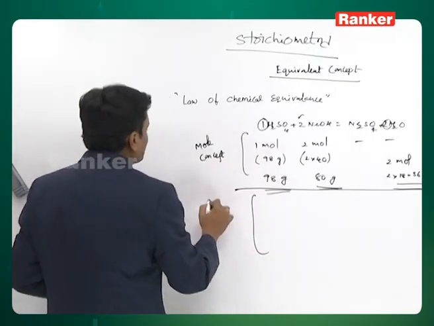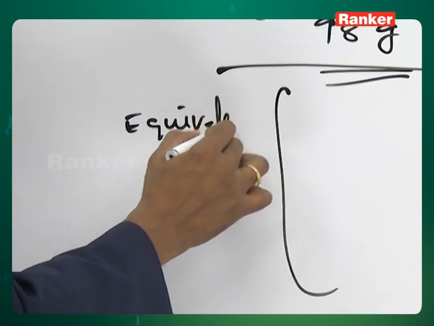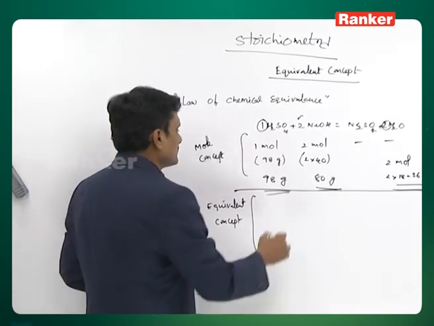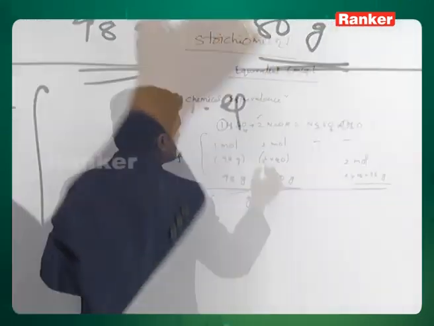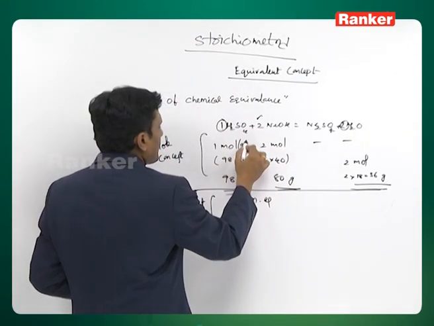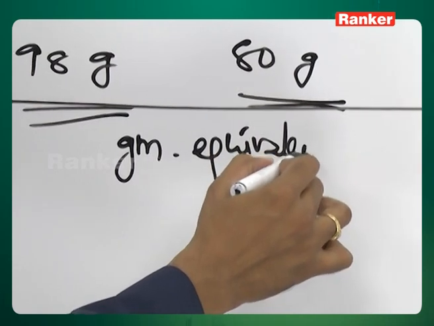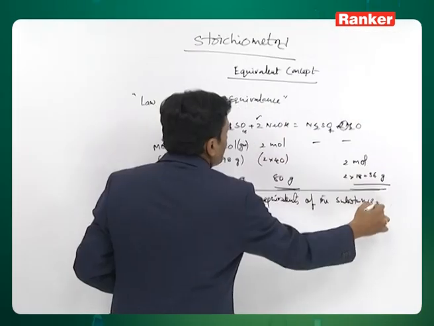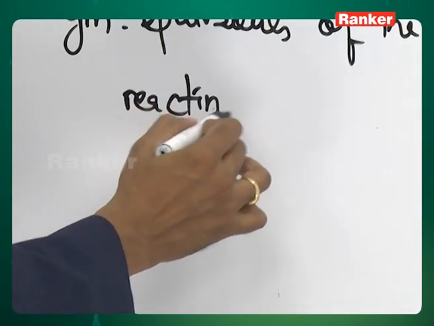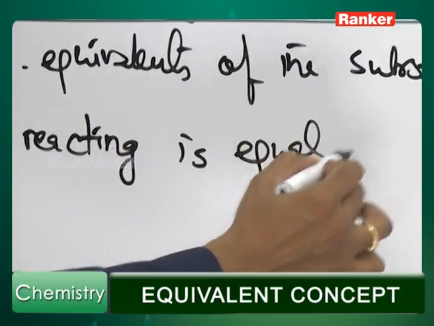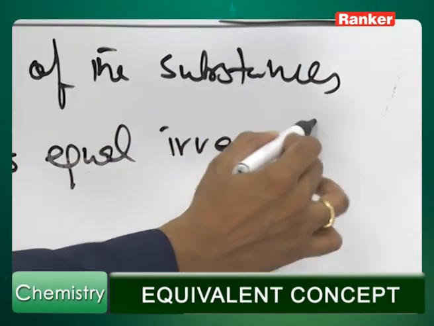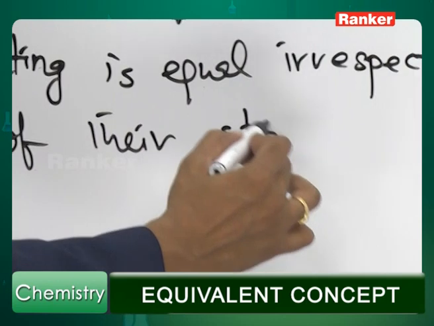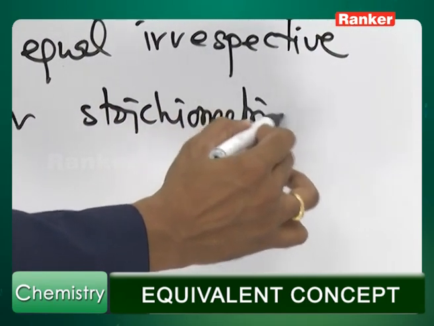But when it comes to the equivalent concept, now when we are learning the equivalent concept, it is said that the gram equivalents, whereas here you have been mentioning the gram mole, the gram equivalents of the substances reacting is equal irrespective of their stoichiometric coefficients.